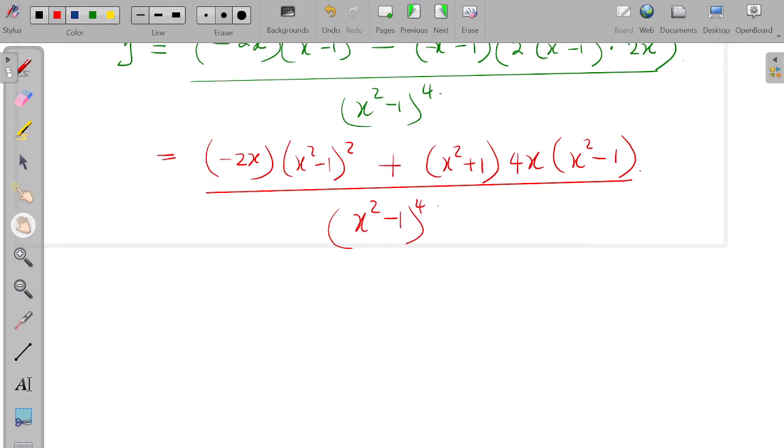Let's now look for another one. This one is there, x squared minus 1. I can also factorize one of these out, then they will cancel this.